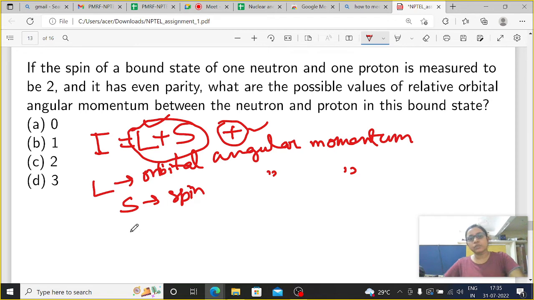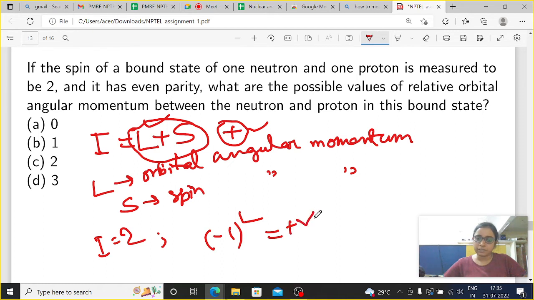So in that question, it is given that I equals 2, and it is also given that even parity is there. Even parity means parity has the expression minus 1 to the power L, so it is positive here. Even parity means it has a positive value.